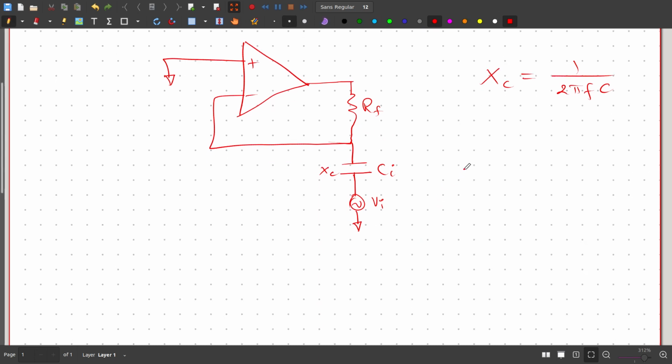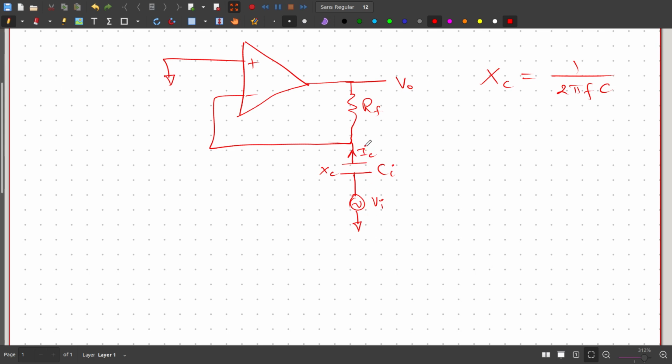Let me derive the output voltage. As we discussed before in the integrator, the output voltage can be derived from Kirchhoff's current law, KCL. The input current, which is the current through the capacitor, IC, cannot flow into the inputs.